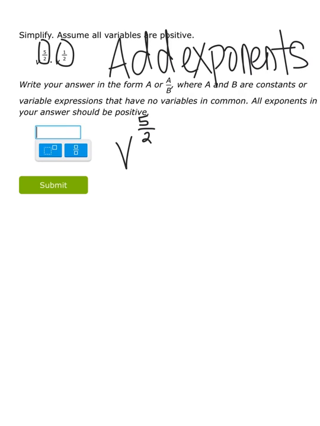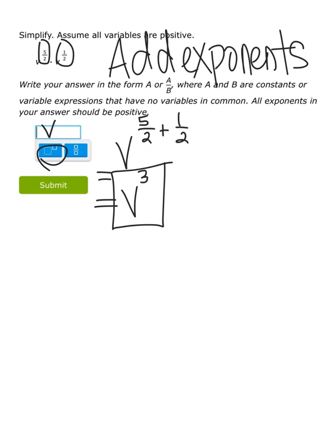So this would become v to the 5/2 plus 1/2. And when I add 5/2 plus 1/2, I get v to the 3rd power. So that's just your answer. I would type v and then hit this little exponent and raise it to the 3rd.